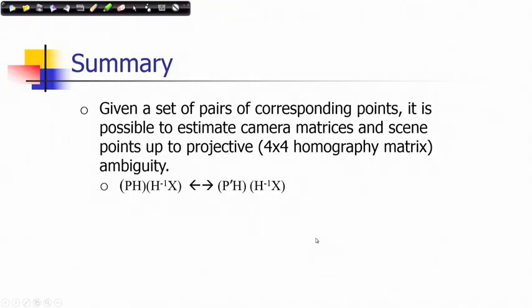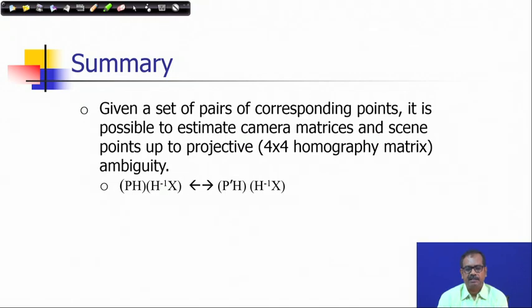So, this is a particular fact that if I use the 4 cross 4 homography matrix and multiply and transform P as PH, similarly P prime as P prime H, then any scene point can also be transformed as H inverse X and H inverse X prime. So, that would give me the same corresponding pairs of points. So, you will get the same fundamental matrices.